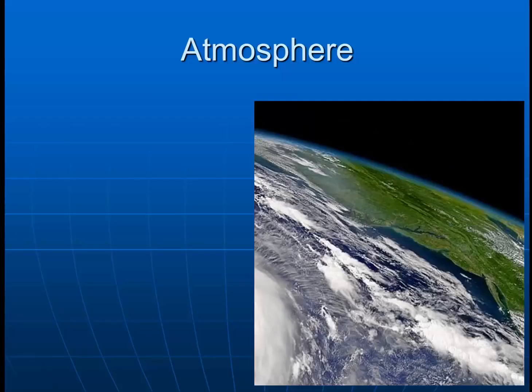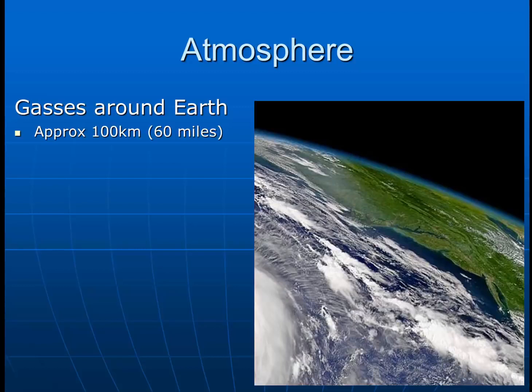That's the Earth's atmosphere. The Earth's atmosphere is the gases that surround our planet, and they're remarkably thin. Nearly 100 kilometers or only 60 miles of atmosphere is what protects the surface from the vacuum of space.